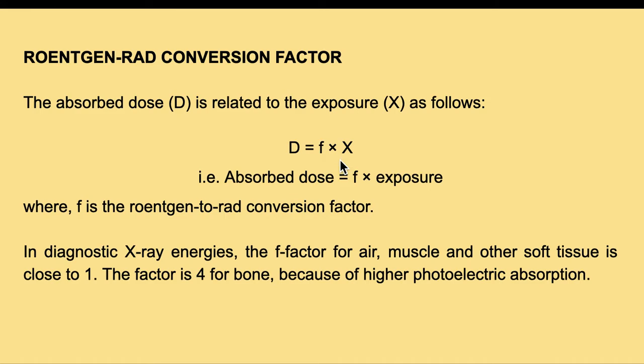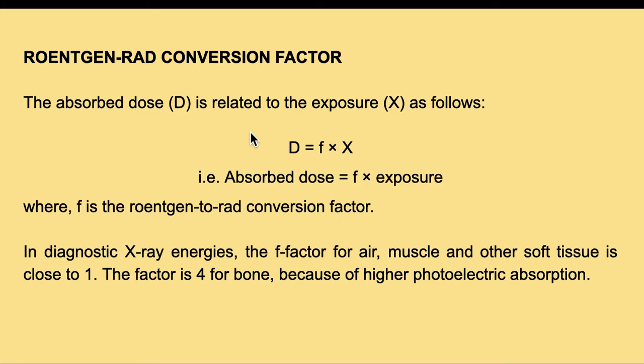This X stands for exposure, D for absorbed dose, and the unit for absorbed dose is the rad, the older unit, and X is in roentgen. That is why we consider this F as the roentgen to rad conversion factor.